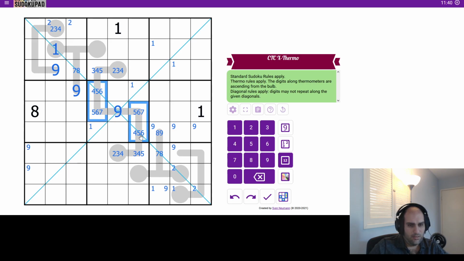Wait. Is this a 4, 5, 6, 7 quad? So I can place 1, 2, 3, and 8 in these squares.